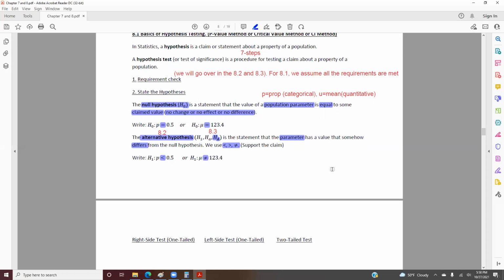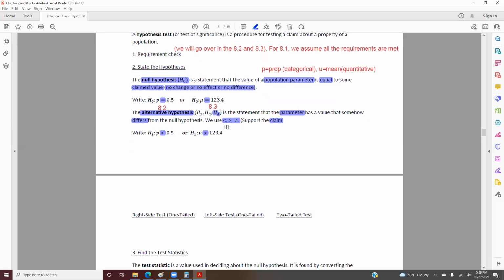If you remember your chapter 6 homework, it must be less than 68 pounds, or it has to be greater than this. It's stated in the question, so make sure you read the question, and it will tell you which one it is: less than, greater than, or not equal to. It usually comes from your claim statement. So read the question really carefully and figure out which one it is.